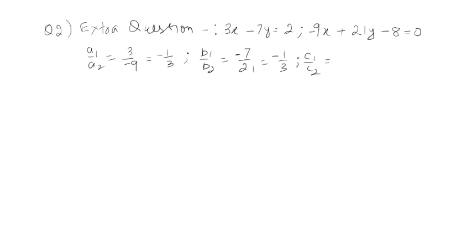So if I keep it like this, it is 2, right? And if I transfer this to this side, it becomes plus 8. So I'll take 2 and this one is plus 8. So this is also how much? 1 upon 4.